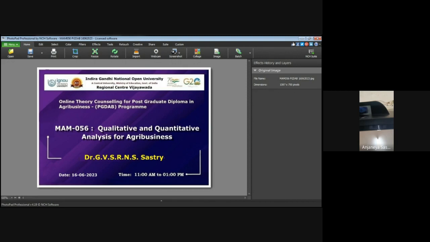So next one is nature of business research. Business research is applied research, it is time framing and it is dynamic. Next, it is cost nature. Next, importance of research.